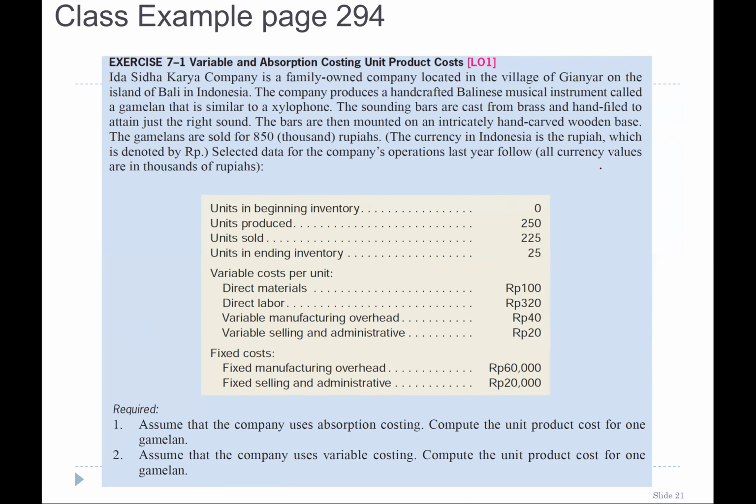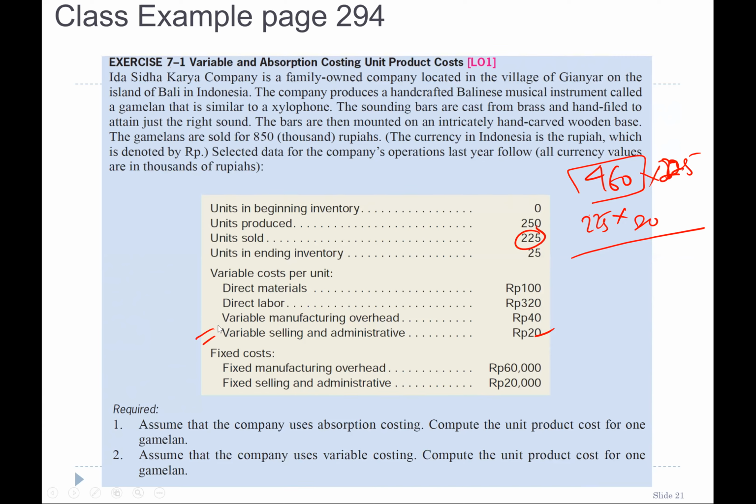So we find out that the variable costing is 460. 460 multiplied by 225, that would be your cost of goods sold according to variable costing, right? And then 225 multiplied by this 20 would be your variable selling. So your answer is 120,000.